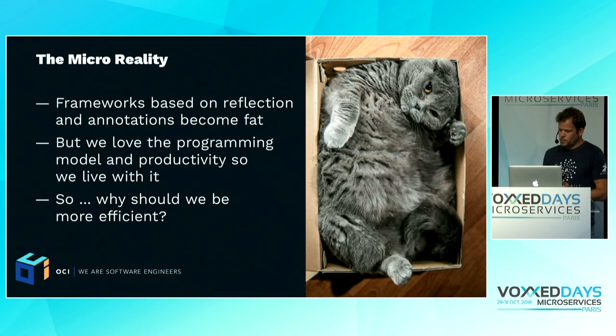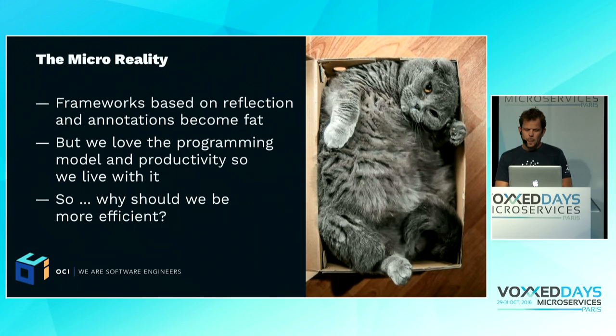Because the reality is that any framework based on reflection and the runtime analysis of annotations becomes fat really quickly. Why? Because essentially these frameworks have to perform all of this work at runtime.